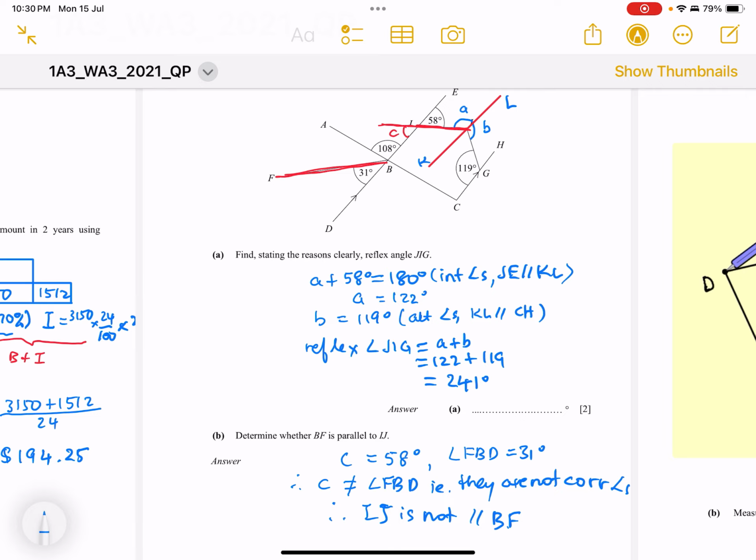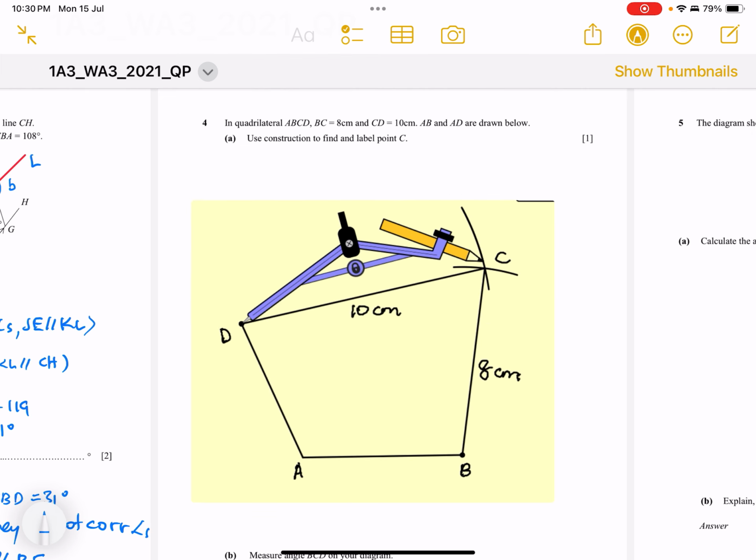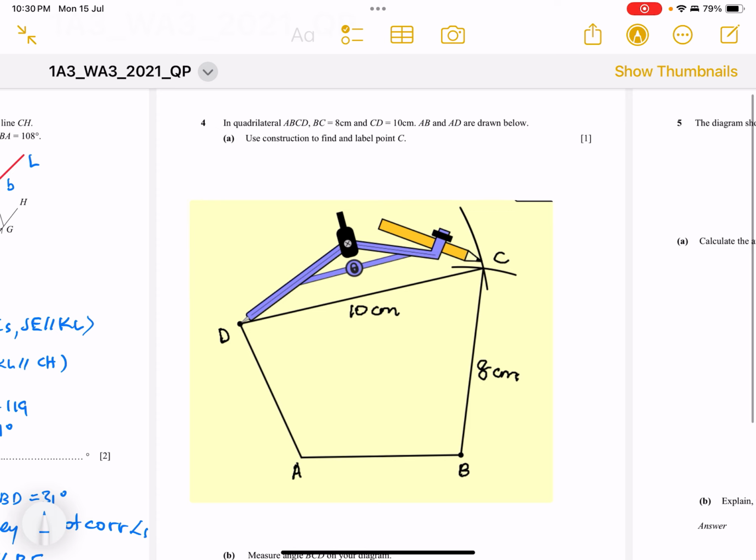The next question is on construction. They have given us the side DAB, and then we need to construct the side BC and the side DC.